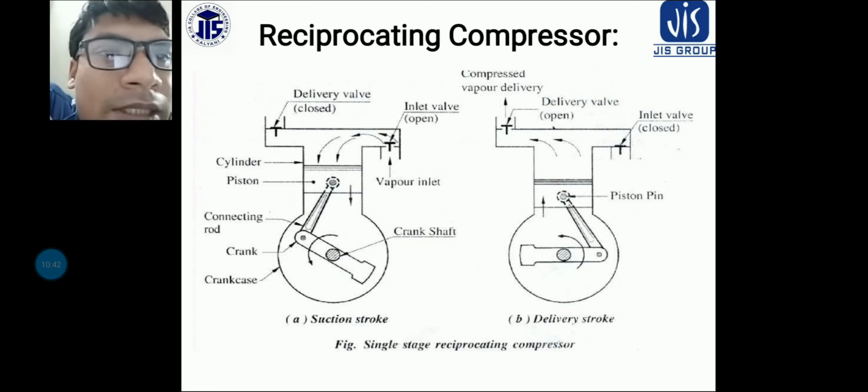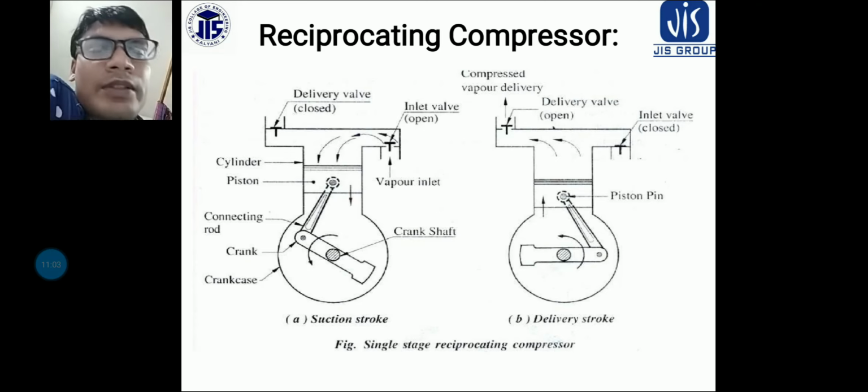So when the piston is moving from top dead center to bottom dead center, at that time from the delivery pipe, suction line, some vapor comes from the evaporator section. So from the evaporator section, low pressure, low temperature vapor refrigerant is entering into the system through this inlet valve, and it will be open right now, but at that time the delivery valve will be closed.